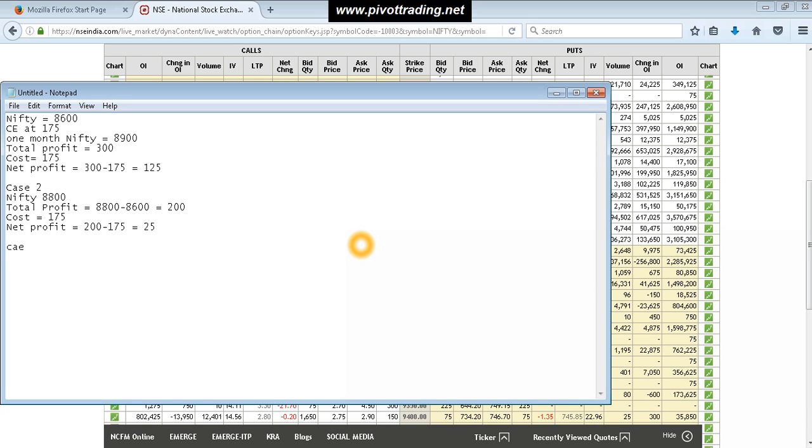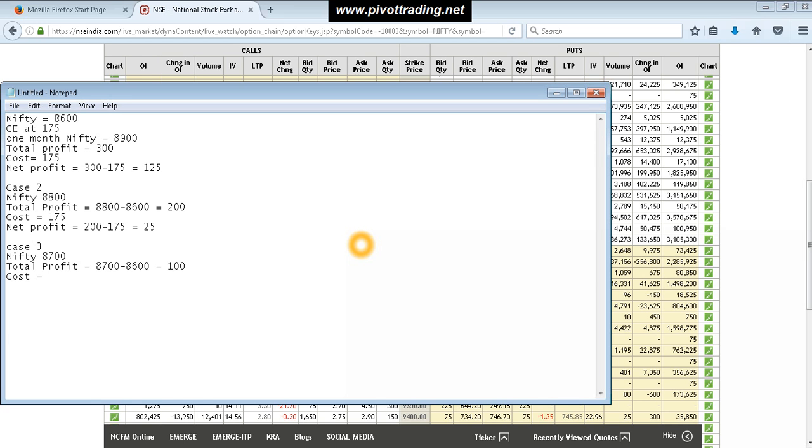Now consider another case, case 3. Nifty after 1 month is 8700. What is your total profit? You bought the 8600 call and now it is currently 8700. So your total profit is 100 points. What is your cost involved?